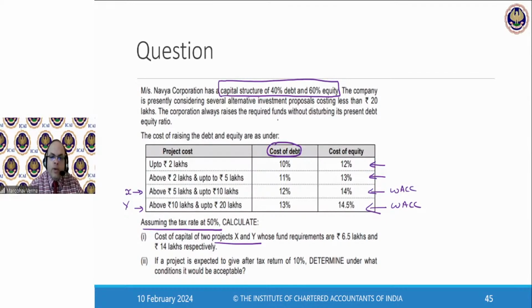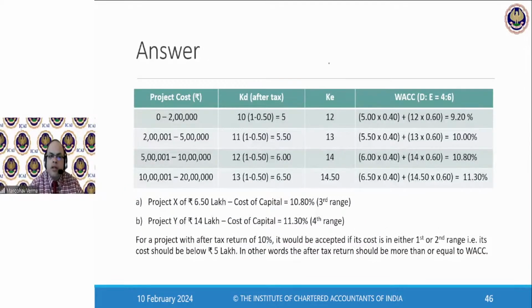So that means what we need to consider is the after-tax cost of debt, which is exactly half of what is given to us. Cost of equity we can take as is: 12, 13, 14, and 14.5. And for each of the four slabs, you can see that the weighted average cost of capital is calculated based on the ratio of 4 to 6.